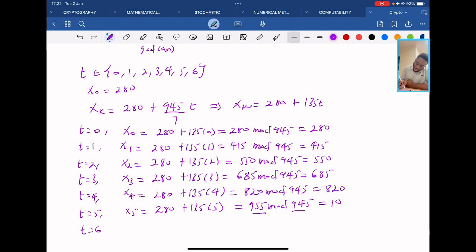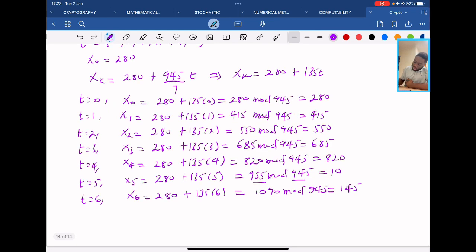Now when t is equal to 6, x6 will be equal to 280 plus 135 times 6, and that is equal to 1090 modulo 945, and that is equal to 145.